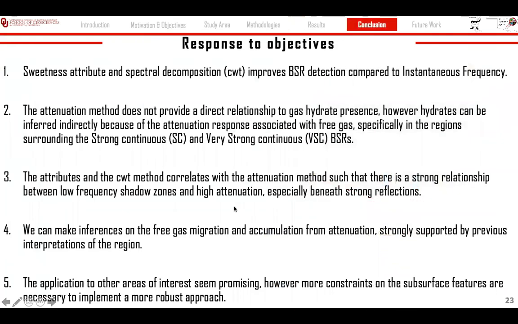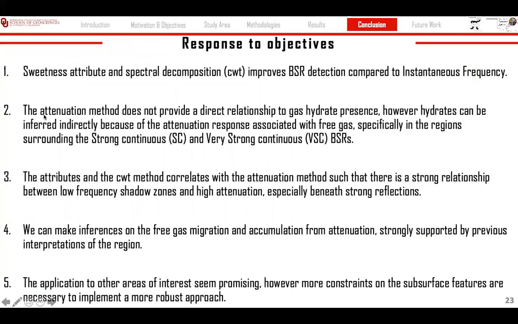So in conclusion, we have several answers to our objectives. We observe that the sweetness attribute and spectral decomposition method improves the BSR detection compared to instantaneous frequency, especially where the sweetness attribute helps improve the trend of the weak discontinuous BSR as it distinguishes its trend from the background geology.